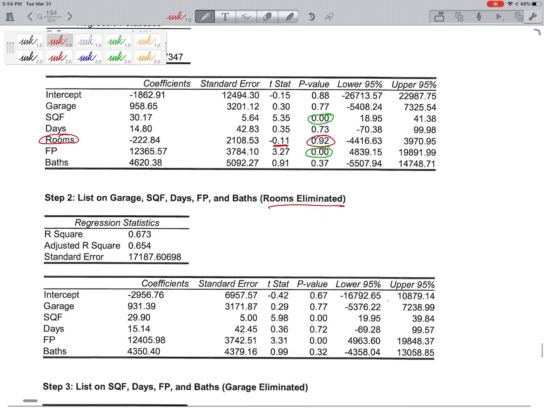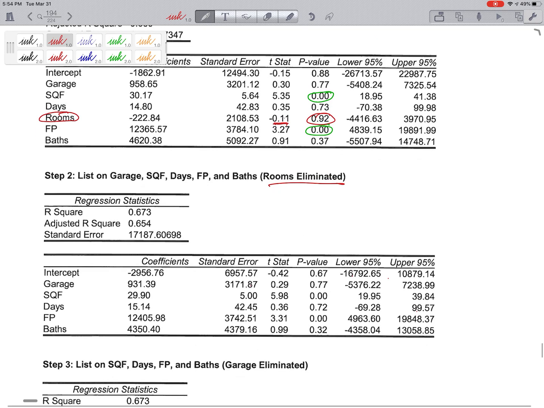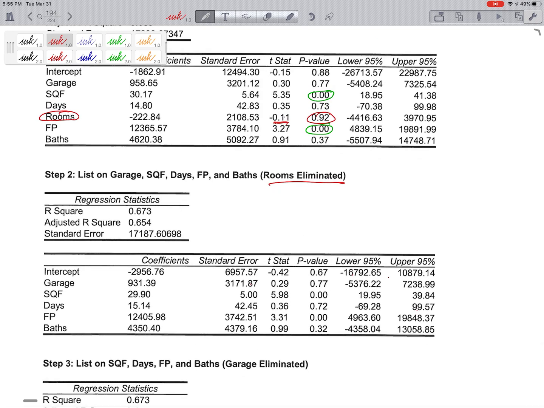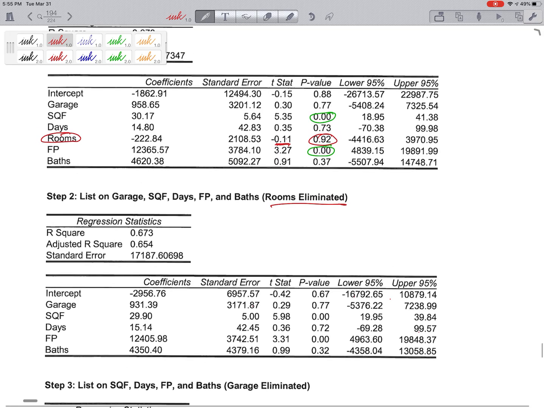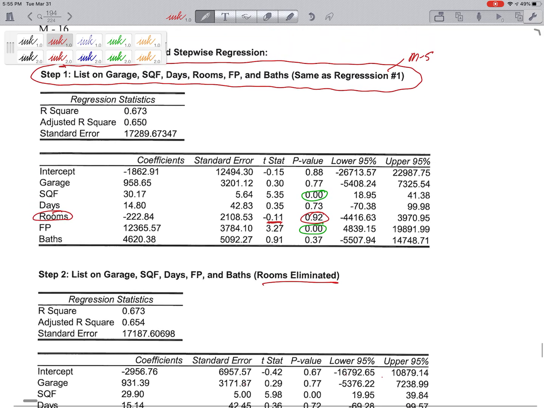So step number 2 is where we're down from 6 variables to 5 variables. We've eliminated rooms. We'll get a slightly different equation, but what I want you to notice is that the R squared up here in the first regression doesn't even change at 3 decimal places.